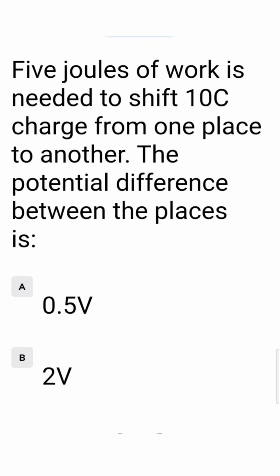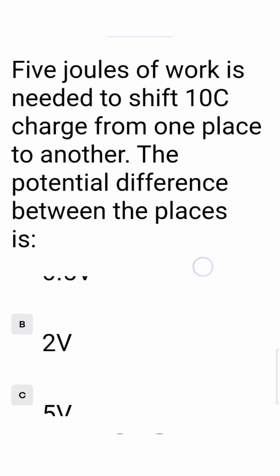5 joules of work is needed to shift 10 coulomb charge from one place to another place. The potential difference between the places, the formula is work over charge, W over Q. It is 5 divided by 10, which is equal to 0.5.